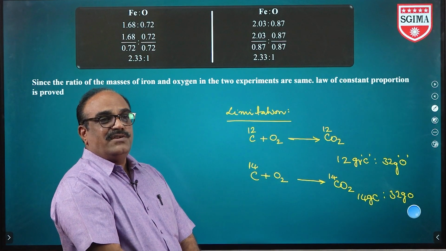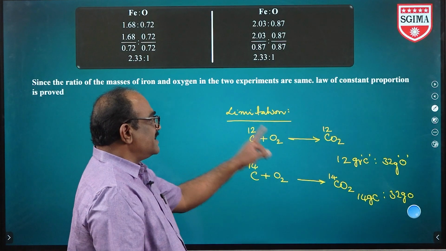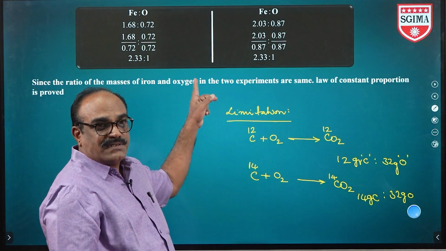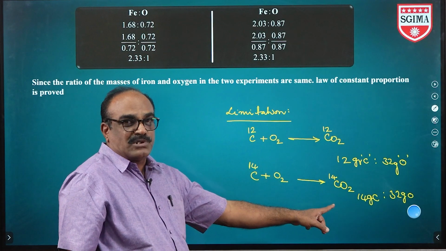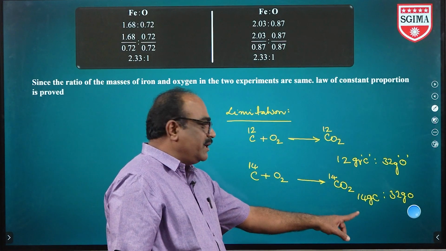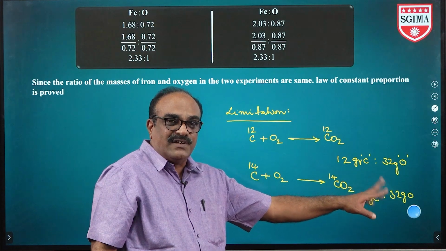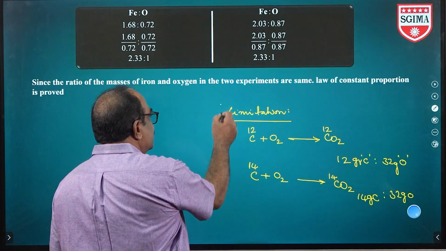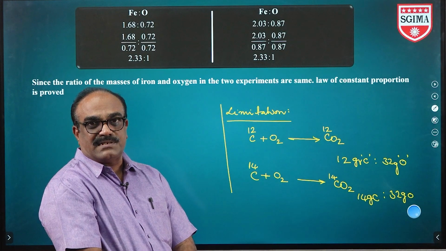So, when you are considering compounds produced by isotopes of the same element, the law of definite proportions does not work, because here the masses of the elements combining will be in a different ratio.